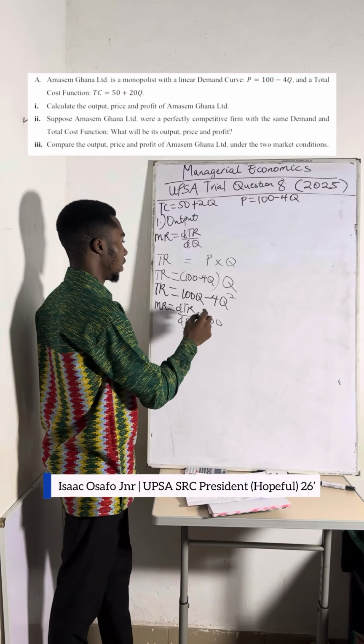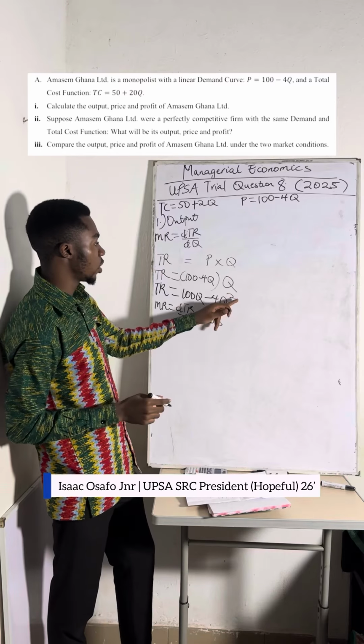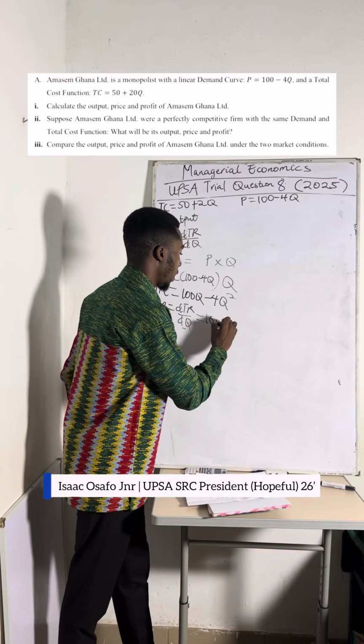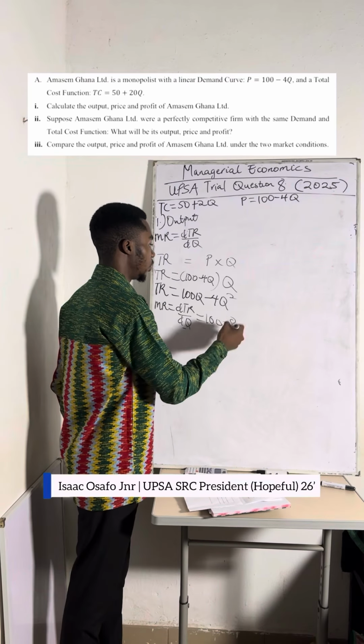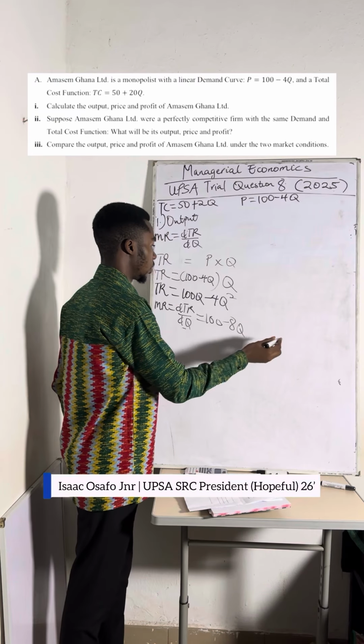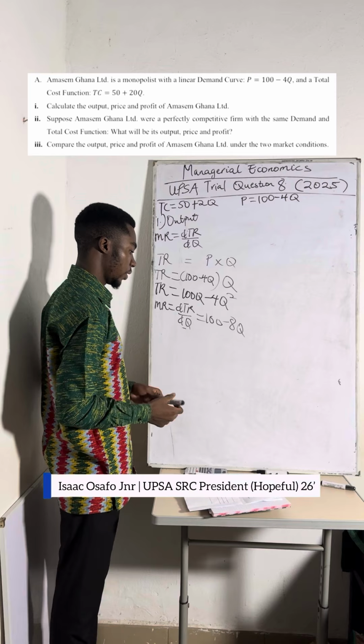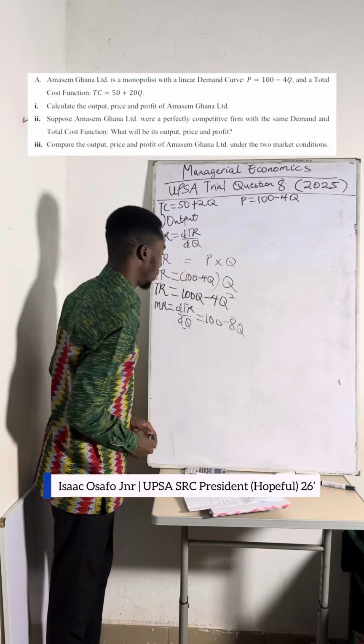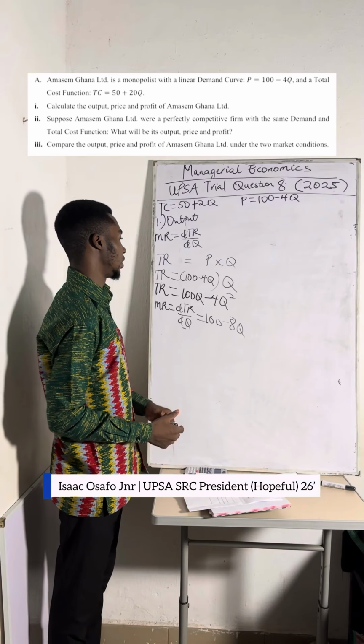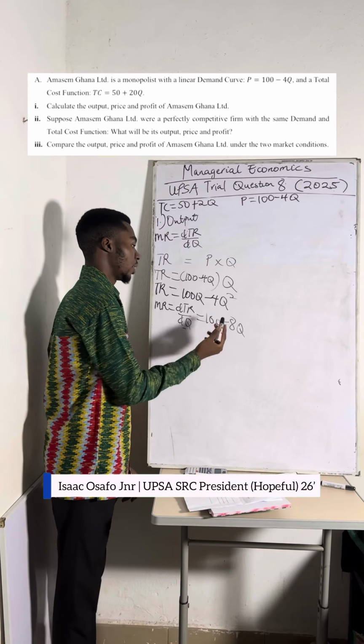The Q will vanish. Then minus 4Q squared: the 2 will multiply the negative 4 to become negative 8, then you add the Q to it. So when we differentiate the total revenue function with respect to Q, we get 100 minus 8Q. So this is your marginal revenue function.